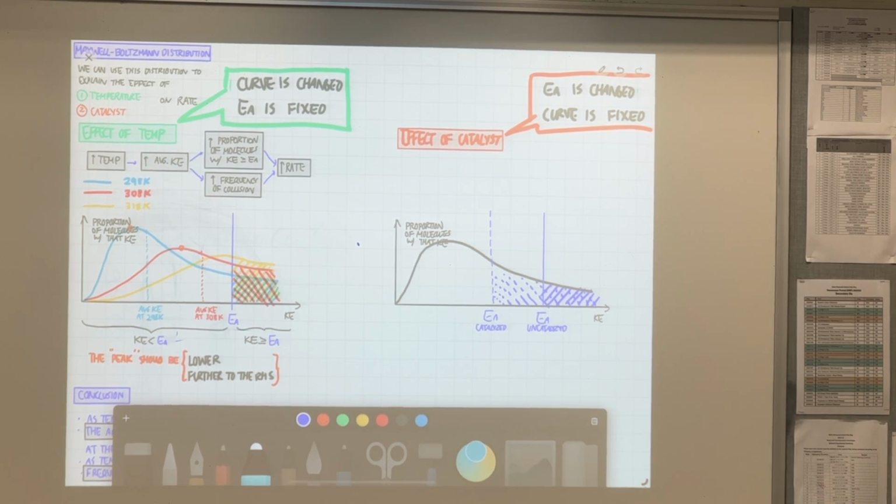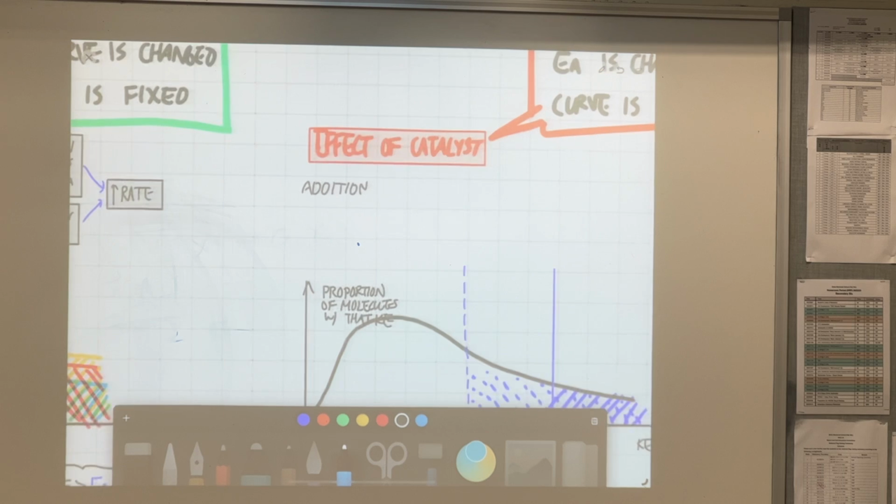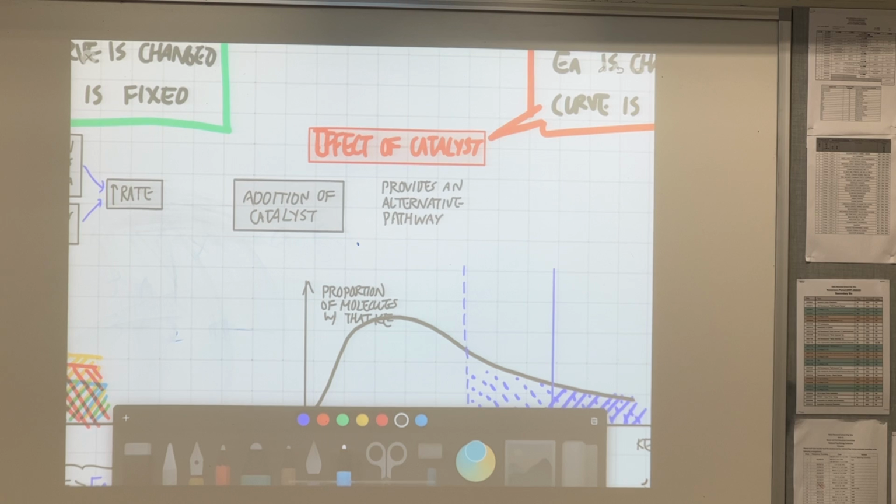Okay, put this up. First of all, you can write: addition of a catalyst. What does it do? Let's try not to say lower the activation energy. Instead, say it provides an alternative pathway with a lower activation energy.